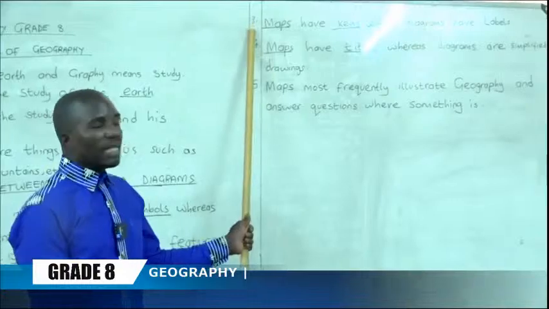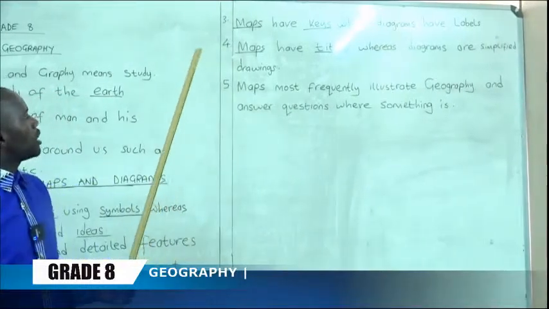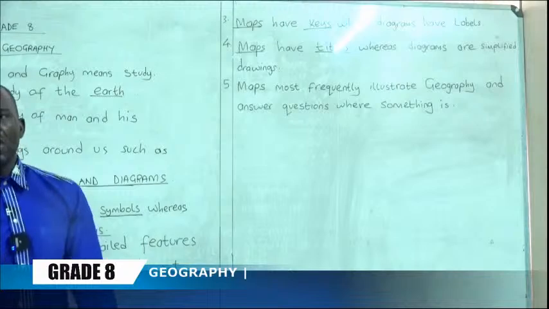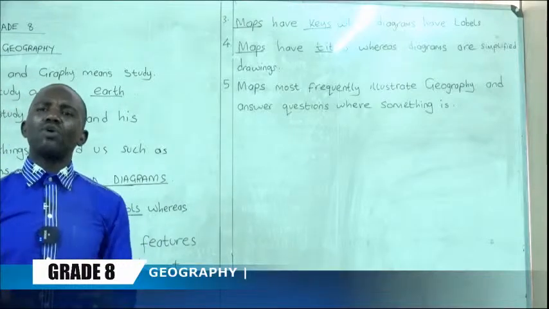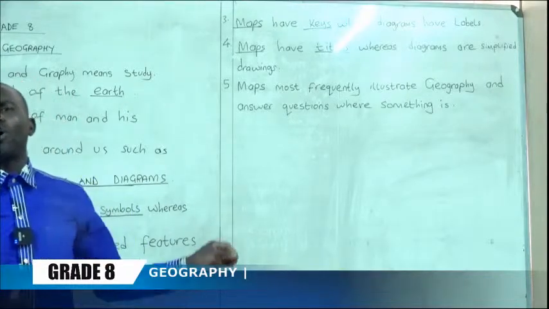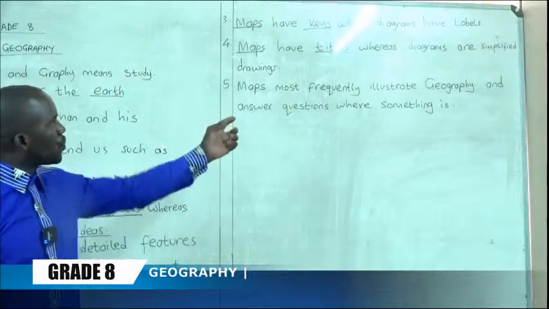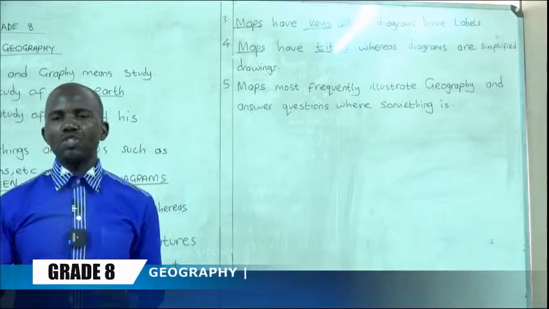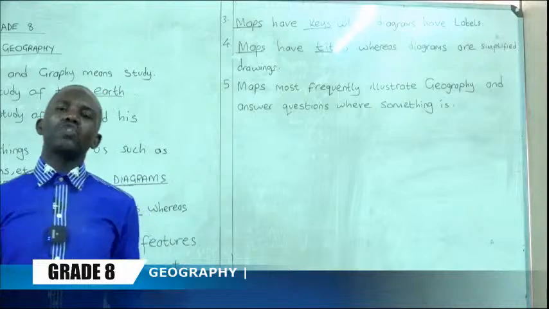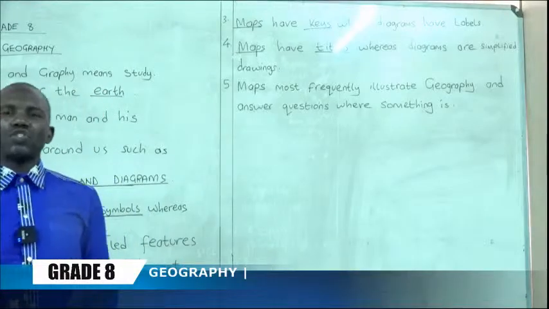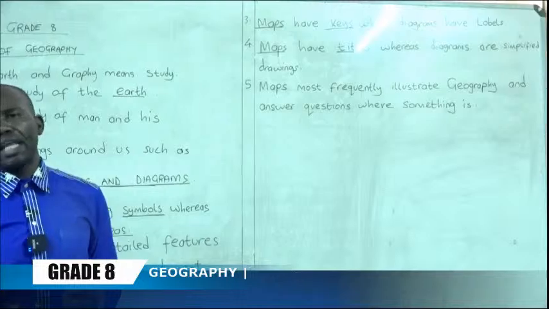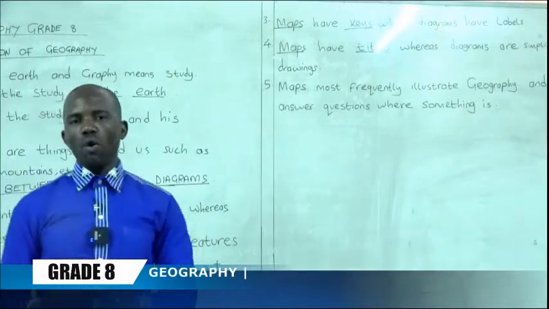I will repeat, it's important for us to follow each other. Point number 3, maps have keys. These keys give us the list of names of things found on the map, whereas diagrams simply have labels. The labels of diagrams could be used simply to help us understand how those things represented by diagrams work or are done.